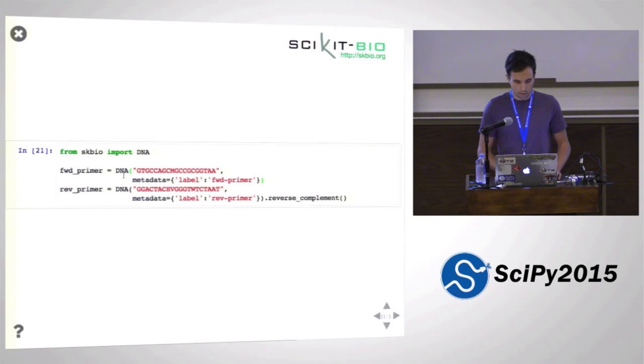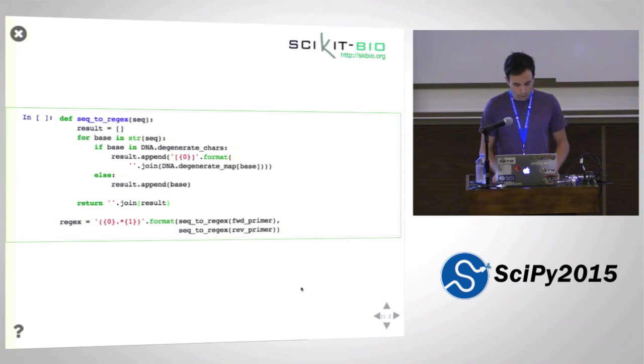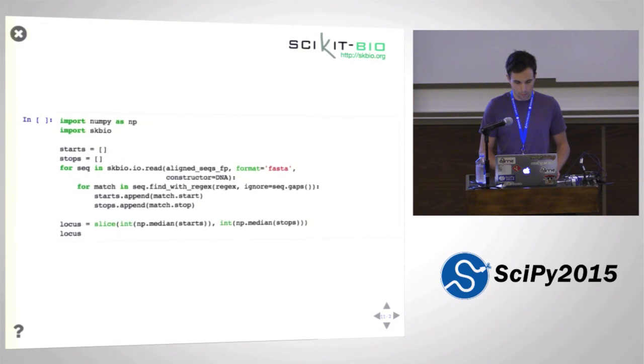We'll do that by defining two short sequences using Scikit-Bio's DNA object. Then I wrote a little helper function to create a regular expression from a sequence, because there are degenerate characters in those primer sequences. Executing that, we now have a regular expression.